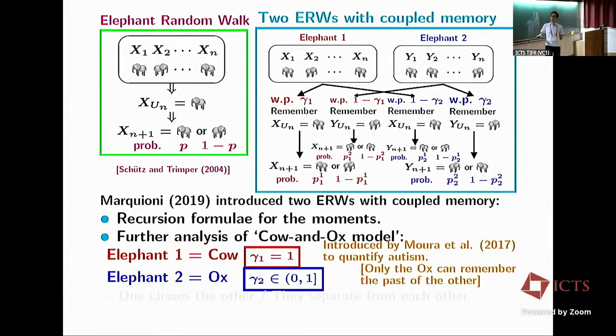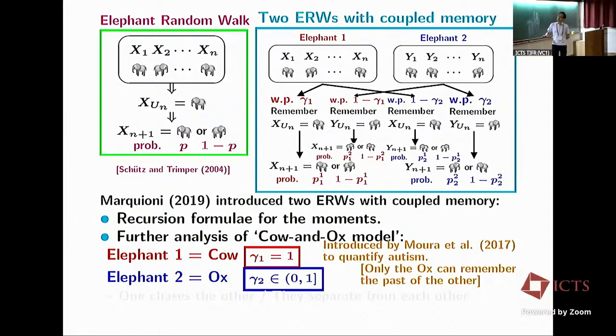This is a bit confusing. In this setting, elephant 1 is the cow, the standard elephant, which means it can use its own memory. Only elephant 2, in this case the ox, can look at the memory of the cow.